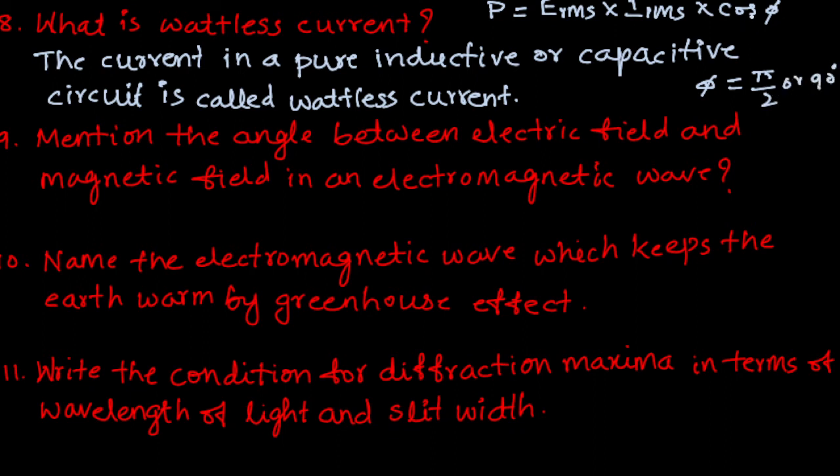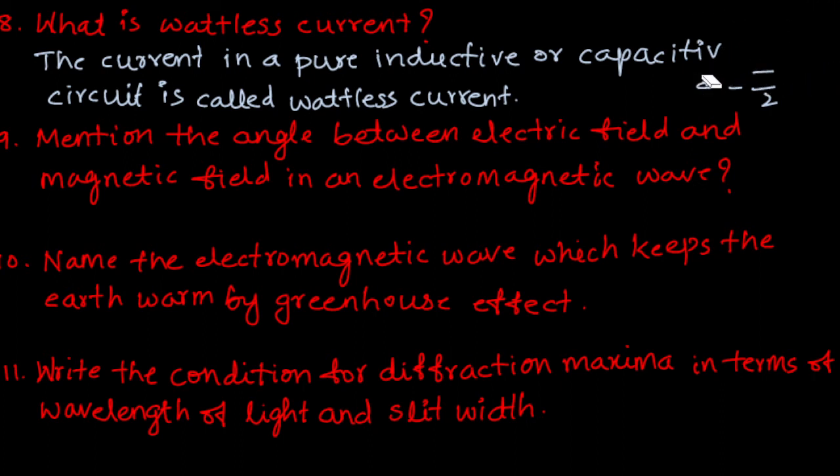So when you put this value here, cos 90 is 0. Then power becomes 0. So power is 0 means watt is 0. That is why this is called wattless current. Okay. So the current in a capacitive circuit or an inductive circuit is called wattless current. This is the answer. Next question.